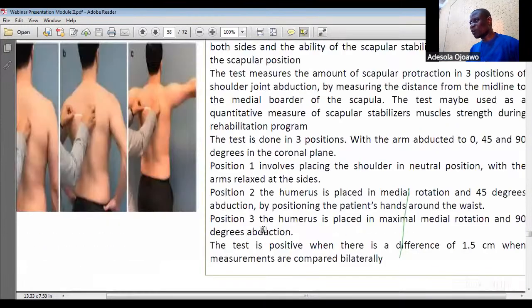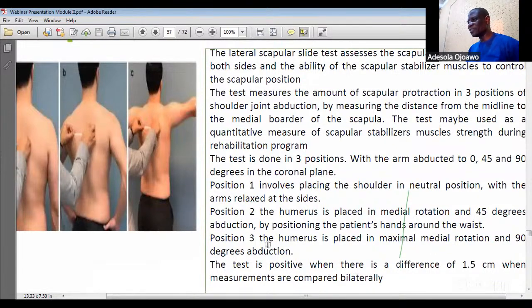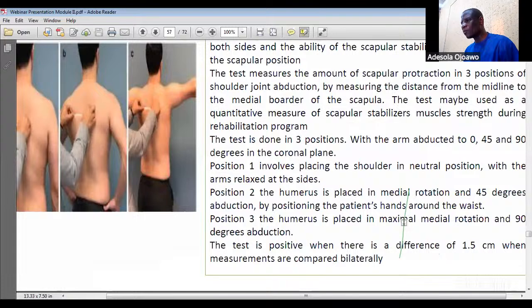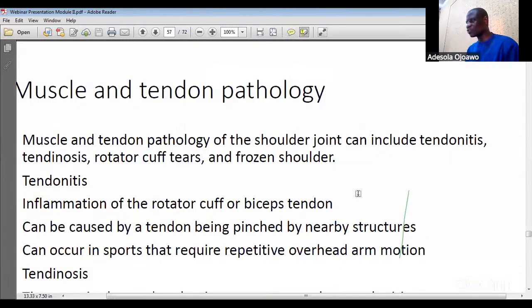The test is positive when there's a difference of 1.5 centimeters when you measure them. You measure the first one, you measure the second one, you measure the third one, and subtract them from each other. When the difference is more than 1.5, the test is positive.